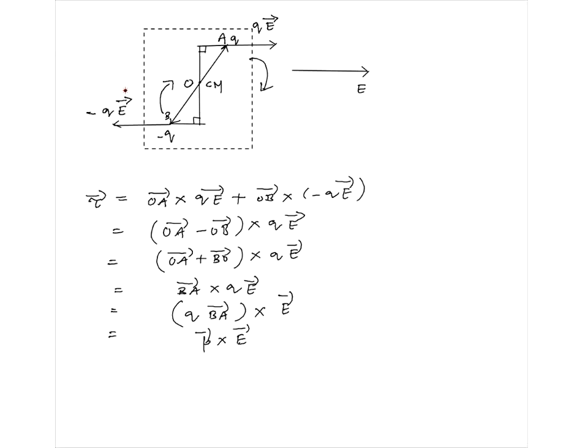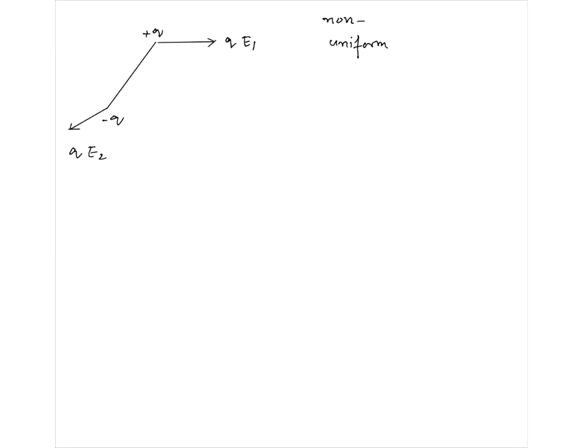Of course, that is when the field is uniform. If the field is not uniform, that I also have discussed here, then nothing can be said. It will all depend on the behavior of the field. Will they cancel these two or will they not cancel? It will completely depend on the behavior of the field.